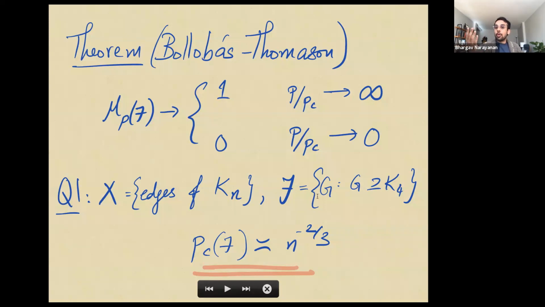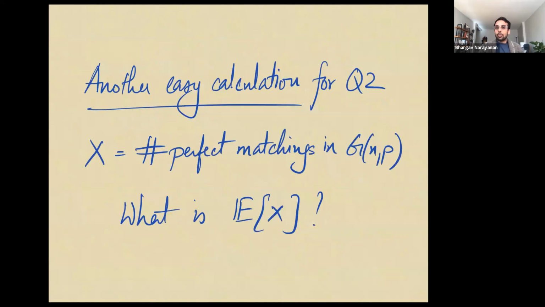So you'd like to know if you end up sampling one of those graphs, and that's clearly an increasing family. And so the first moment and second moment calculation that we did right at the start, all they say taken together is that the critical probability, or the threshold, for this increasing family is n to the minus 2/3.